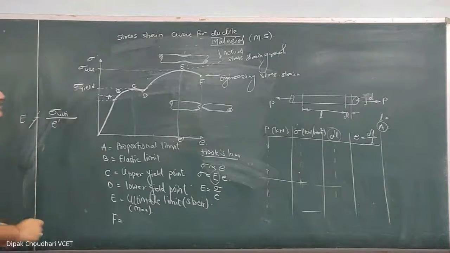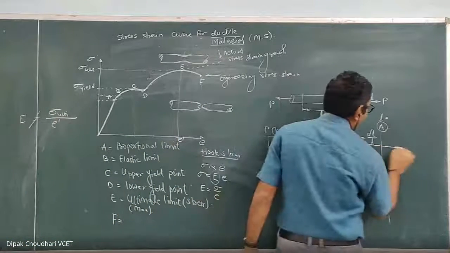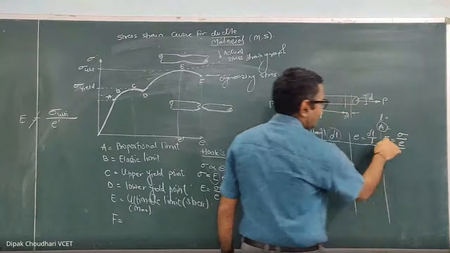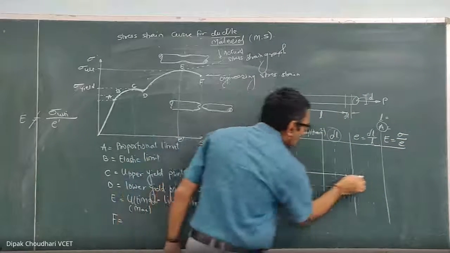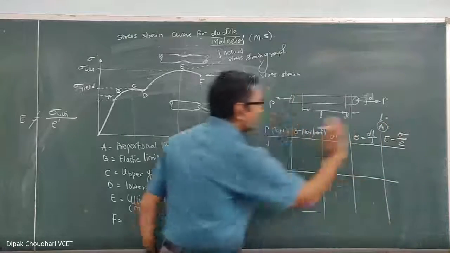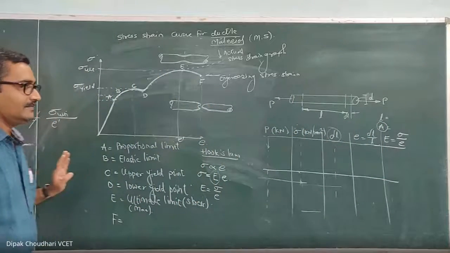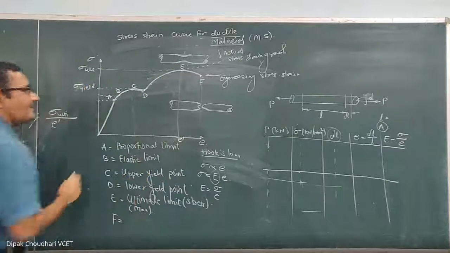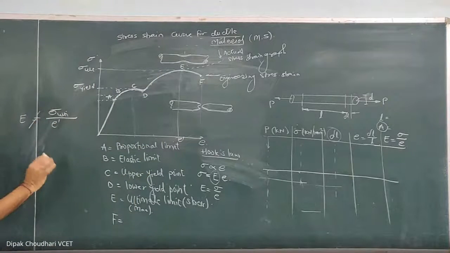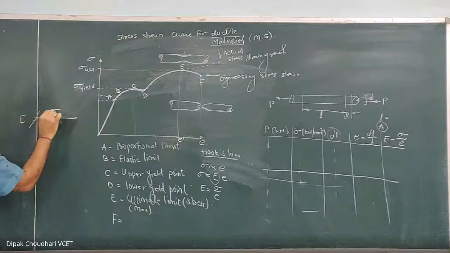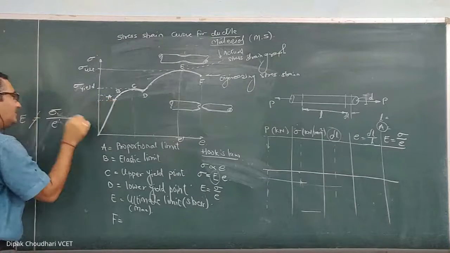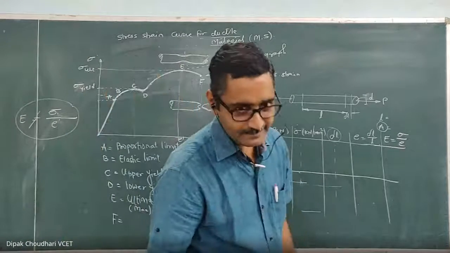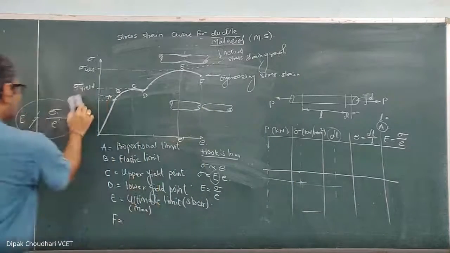If I calculate E equal to stress upon strain, this formula is valid only up to proportional limit. After that, this formula is not valid. This value of stress and strain should be within elastic limit, because this formula is valid only within elastic limit.